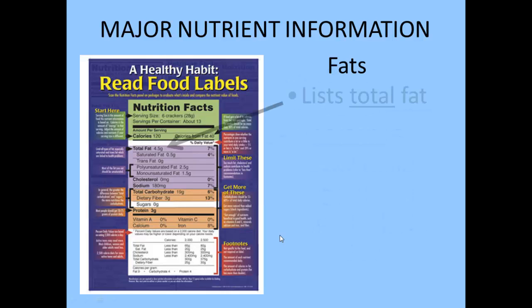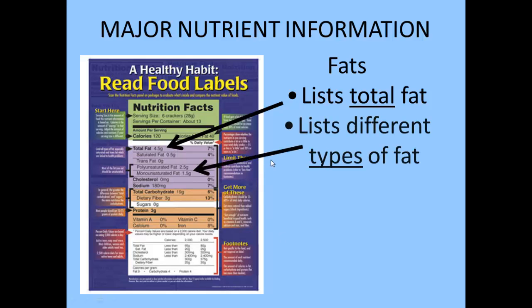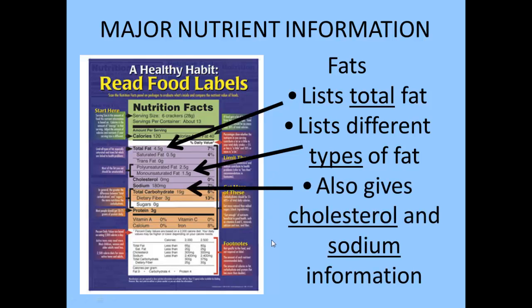If we take a closer look at fats, it's going to list the total fat, as we've already pointed out, the 4.5 grams. That's going to break it down. There are several different types of fat, and it will list those and the amounts of each that it has. For right now, all you really need to know is that the different types of fat serve different functions in the body. We can get to that later. It will also, in this section, give information about cholesterol and sodium, 2 more key nutrients that we will discuss later on.